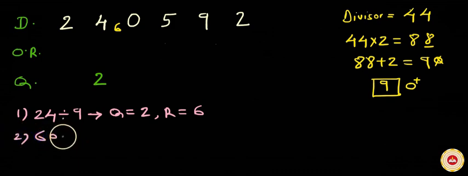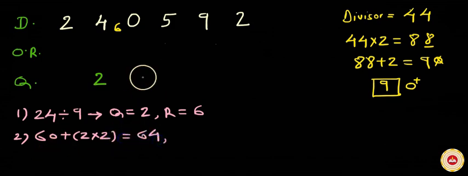Now as this is a positive osculation process, let us add. What to add? 2 times the last quotient digit. Now here last means first. 2 times the last quotient digit, which is 2 here. So 60 plus 4 is 64, and this 64 is the first osculation number.